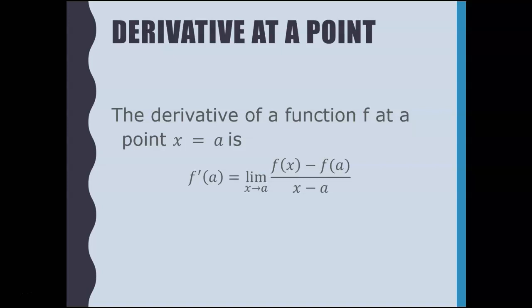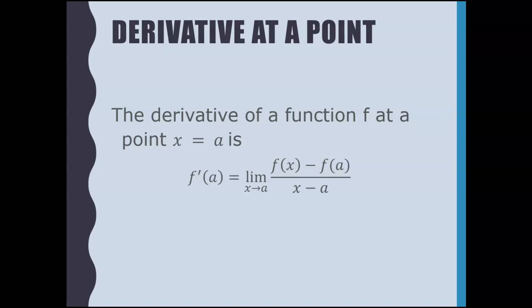There is a modified formula for finding the slope or the derivative at a point. So the derivative of a function f at a point, x equals a, is the same as saying f prime of a is the limit as x approaches a of f of x minus f of a all over x minus a.